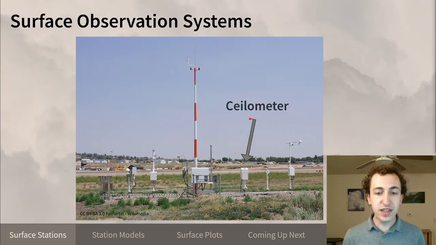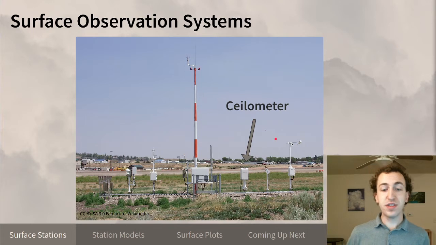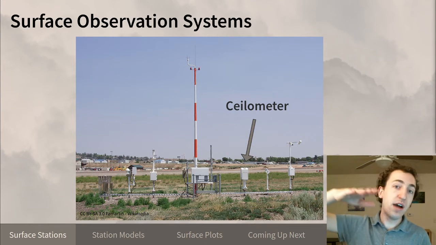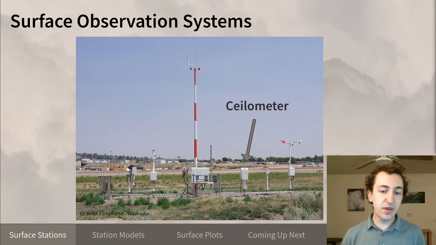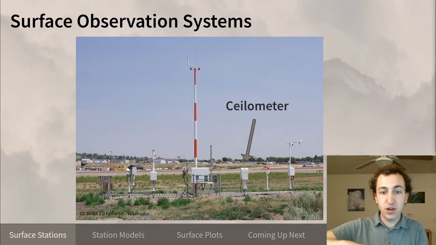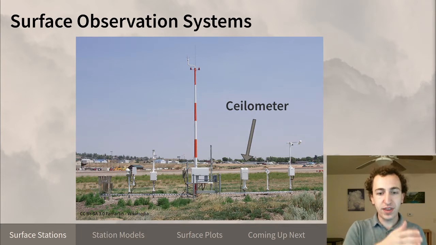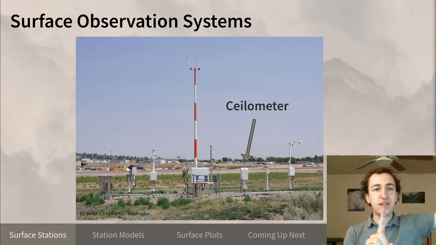We have over here a ceilometer, which measures the cloud ceiling, how far up is the lowest level of cloud surface. This not only gives us a sense of how much clear air we have, which is very useful for aviation forecasting, but also if we look at that continuously over time, by measuring one point up, we can see essentially a time series or a profile of all the different clouds we have.